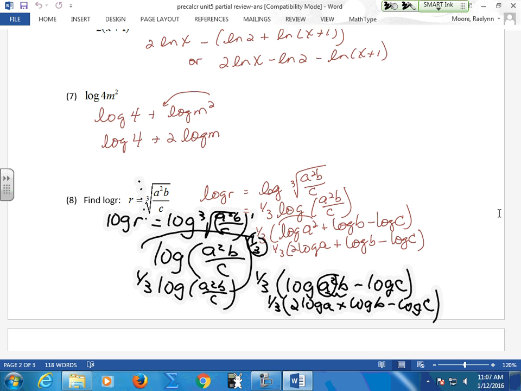Now, the only difference is leave your 1/3 here or distribute the 1/3 all the way across. The 1/3 applies to the whole entire thing. I'll just leave it like that, because if you do the 1/3 and you multiply it by 2, you kind of just lost your exponent there. It's harder to bring it back. Good with this? This was a long one. Stop me if you're not getting it.